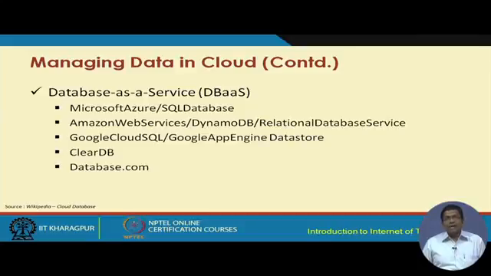SQL Database comes with Microsoft Azure; with Amazon Web Services there is DynamoDB and Relational Database Service; in the case of Google, there is Cloud SQL, and database as a service platforms like Google App Engine Datastore, ClearDB, database.com, and so on. These are the different database as a service platforms, available through commercial or open source mechanisms, for use with cloud.